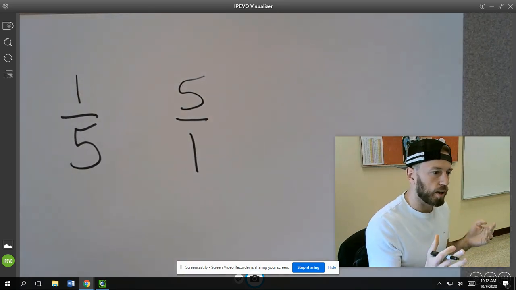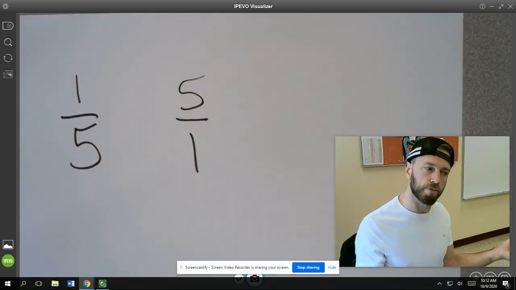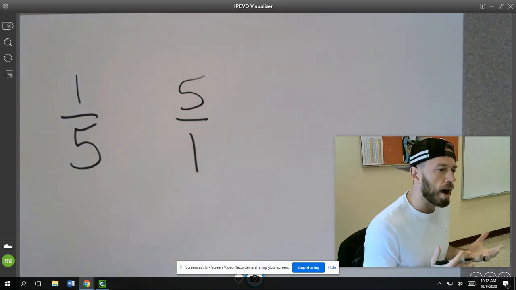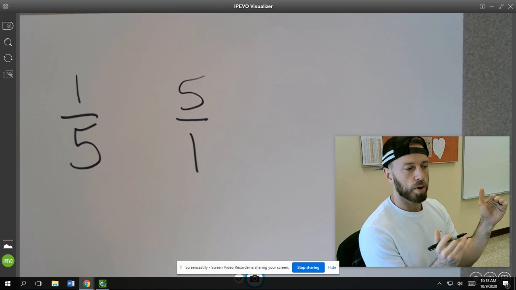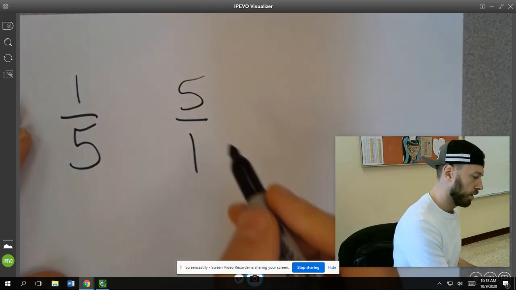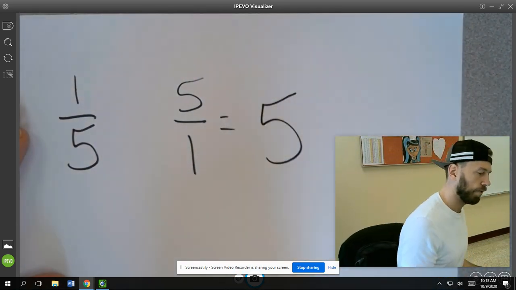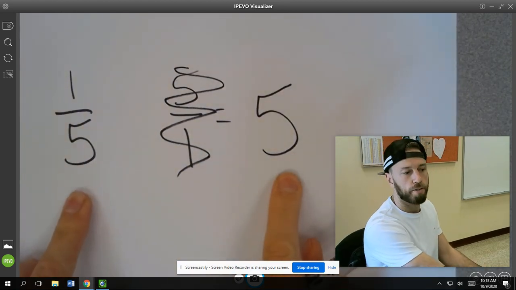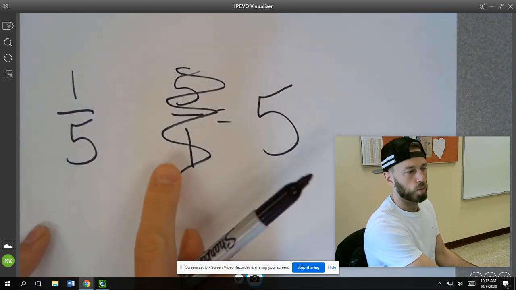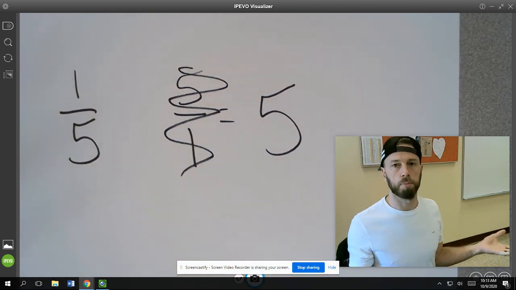Now, some of you guys know that if it's an improper fraction, you got to divide, and this can be simplified. We know that any number with a 1 underneath it is really just that whole number. It's 5. So the reciprocal of 1/5 is 5 in this case. 5 over 1 simplifies to just the whole number 5.